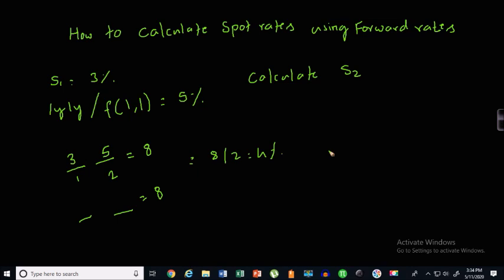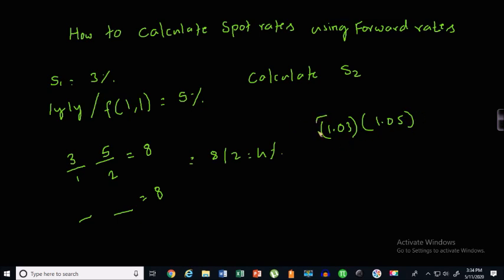Now let's see how I can solve this with the help of formula. The formula is a geometrical one, so it will be 1.03, which is 1 plus 3%, multiplied by 1.05, which is 1 plus 5%.